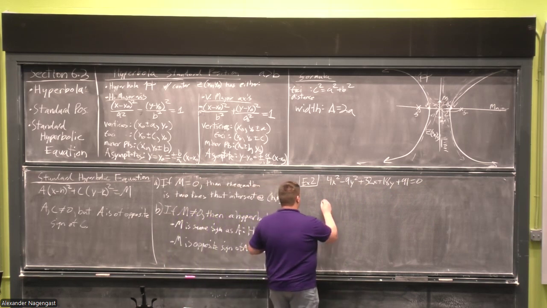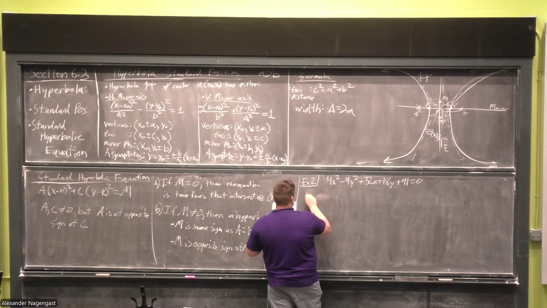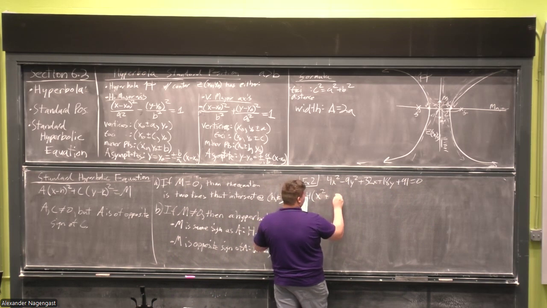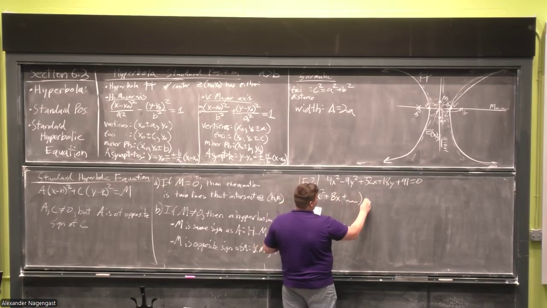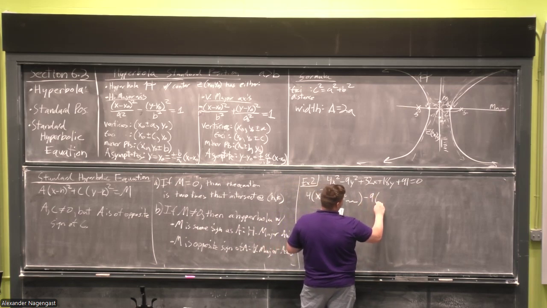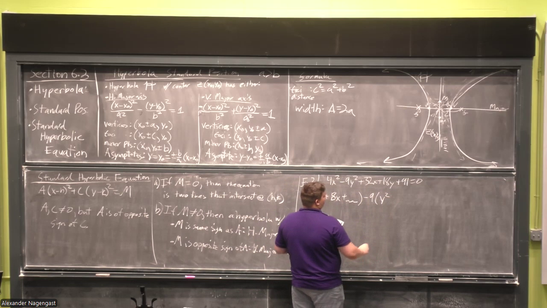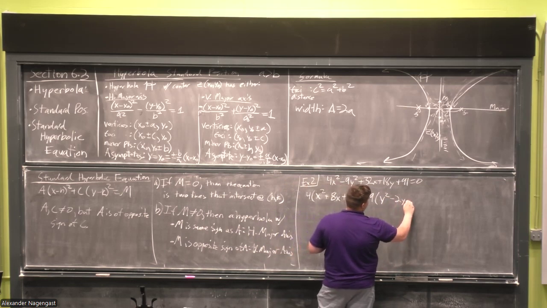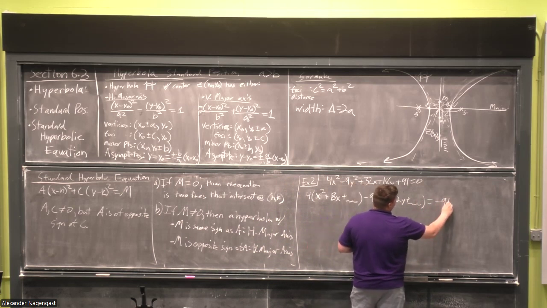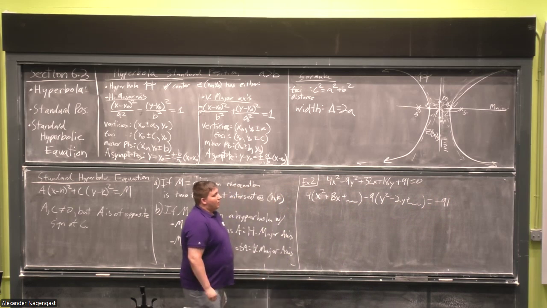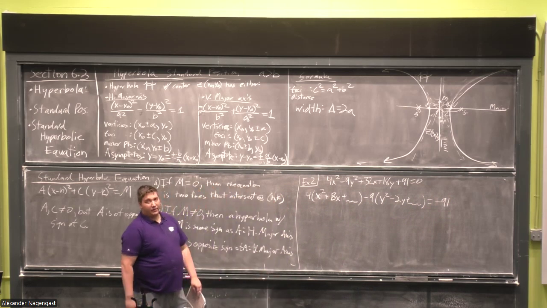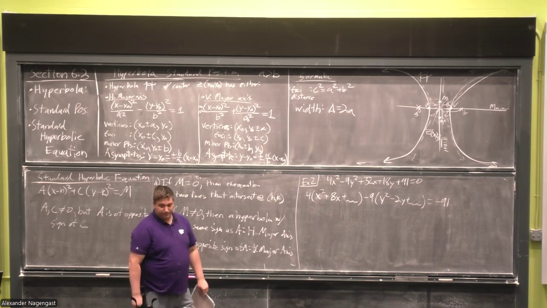We're going to factor out 4 and have x squared plus 8x plus some number minus 9 times y squared minus 2y plus some number is equal to negative 91. And I got the negative 91 because I just subtracted 91 to the other side.